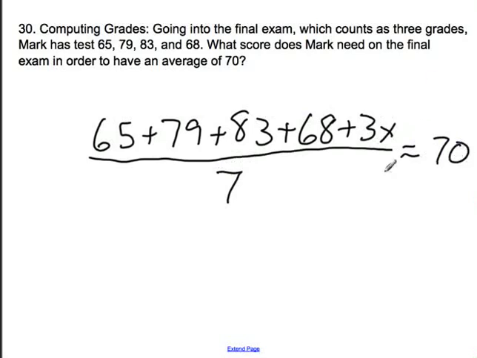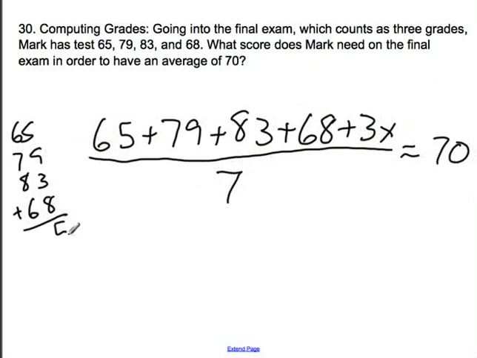In order to do all of this, we're going to have to combine like terms. So we're going to add 65, 79, 83, and 68 together. I like to look at numbers that work well together and make it easy. So 8 and 9, I usually do the biggest ones first. 8 plus 9 is 17, plus 3 is 20, plus 5 is 25.